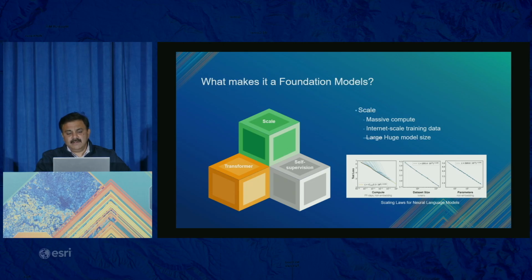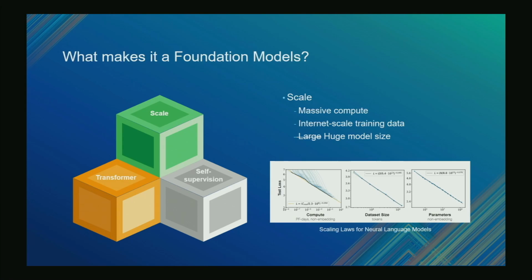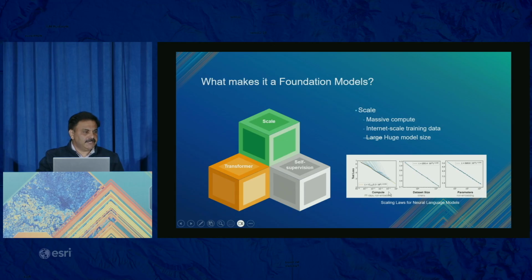And then the third building block is the sheer scale of these models. So what this image is showing is the scaling laws for these language models. What was discovered is, as we increase the compute size, the training, we keep continuing training for longer, as we increase the data size, as we increase the number of parameters of these models, as they keep becoming bigger, the error or the loss just keeps going down, doesn't seem to have any inflection point.